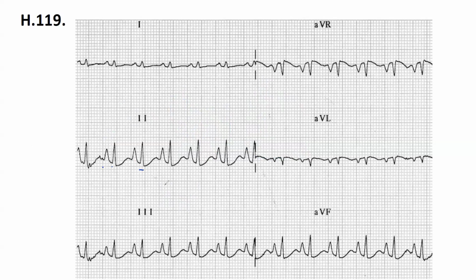Axis: lead 1 is positive, or AVF is positive, so it's a normal axis. The biggest one is lead number 2, after lead 3 and lead 1, so the axis is between these two. I would say maybe 80.